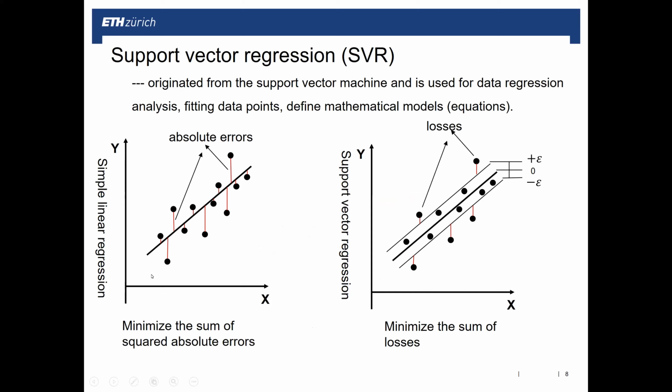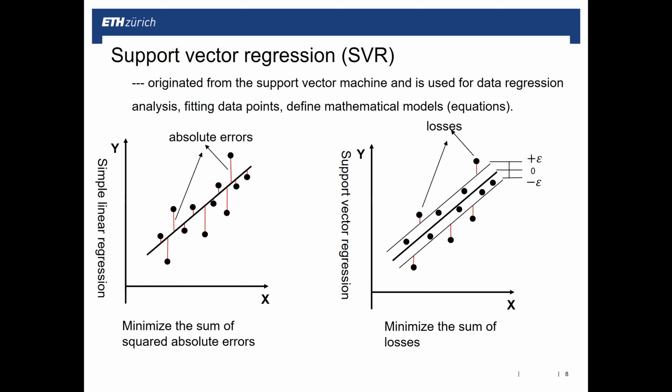For this simple linear regression, we try to fit the data points by minimizing the sum of these absolute errors. This absolute error means the difference between the observations and the result we calculate from the linear regression. So we want to minimize this error.